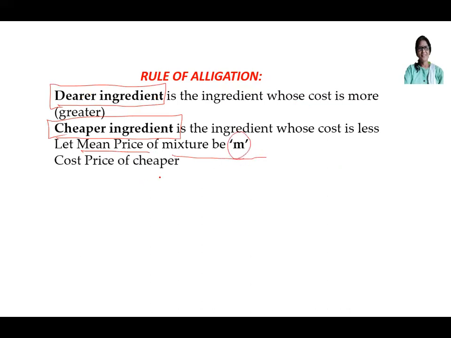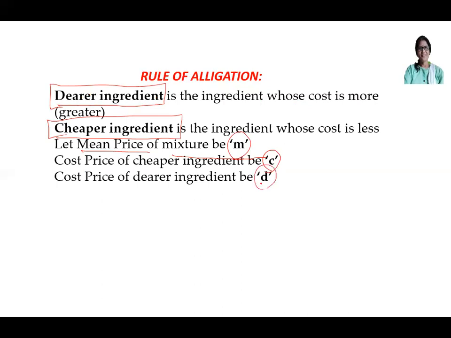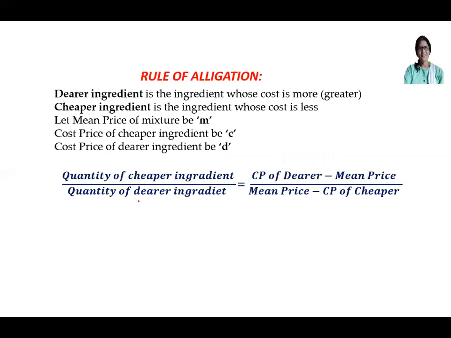Mean price is denoted by M, cheaper is denoted by small c, and dearer is denoted by capital D. The ratio of quantity of cheaper ingredient to dearer ingredient is equal to CP of dearer minus mean price upon mean price minus CP of cheaper. CP is cost price.